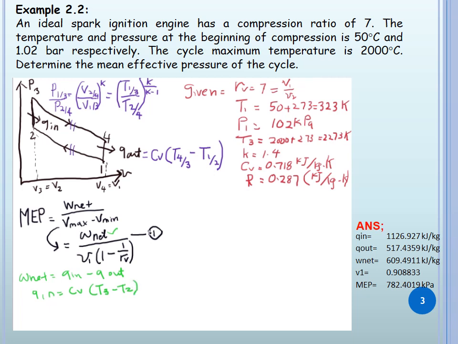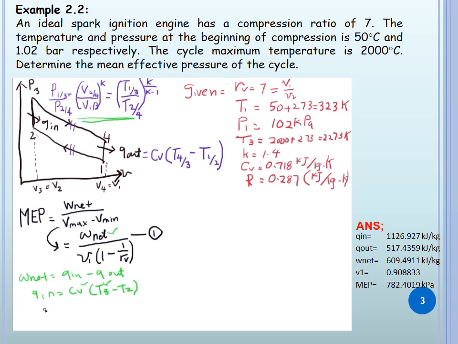Now T3 has been given in the question. We have T3, we have Cv, but we don't have T2. So how can we get T2? It's actually by using the isentropic equation.